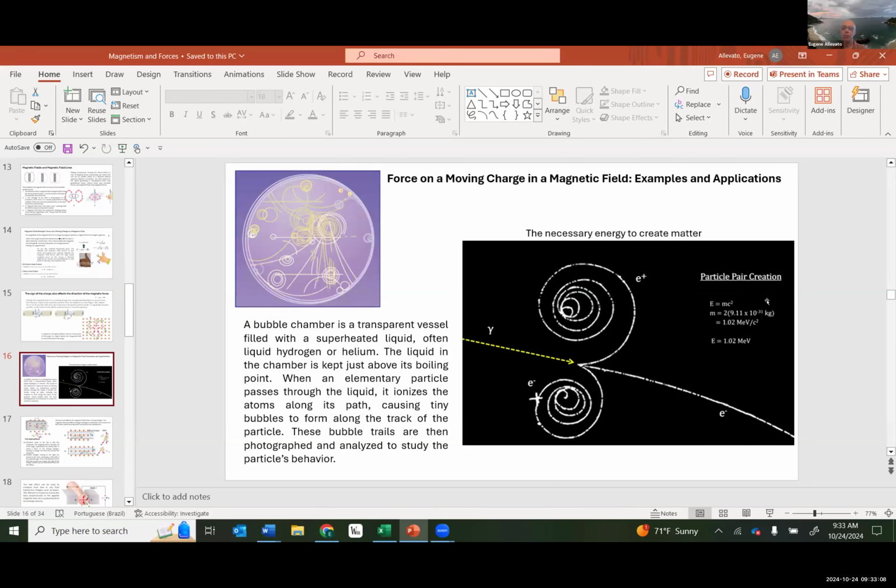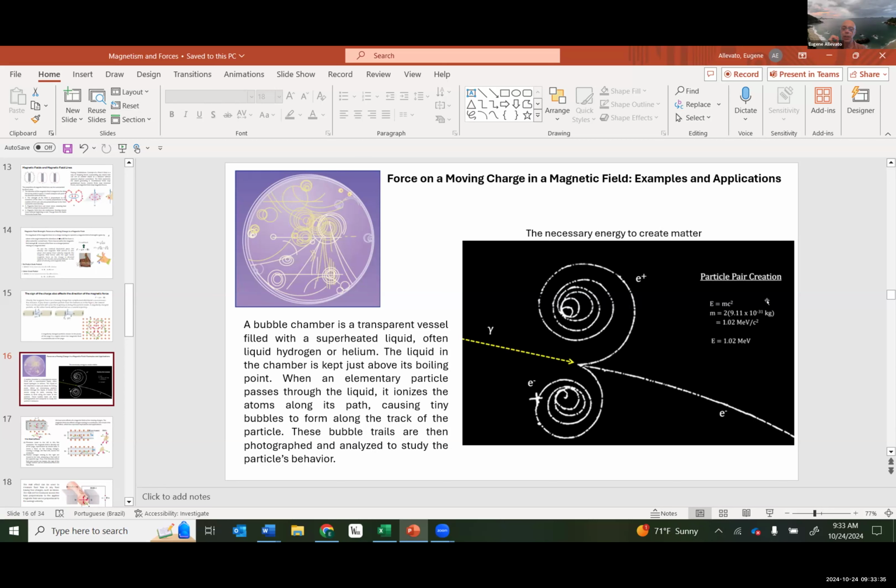Now we use these things. This is an example here of an electron being accelerated in what we call the bubble chamber. This is an experiment to study elementary particles.